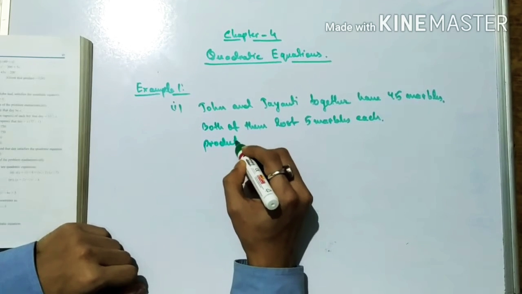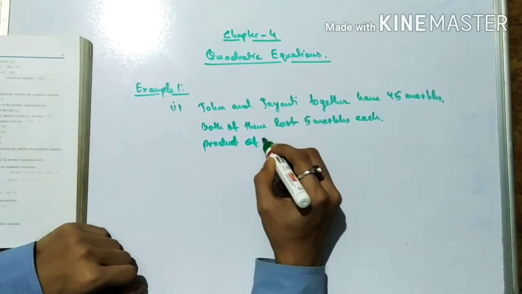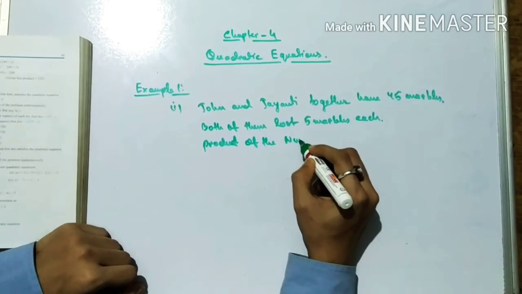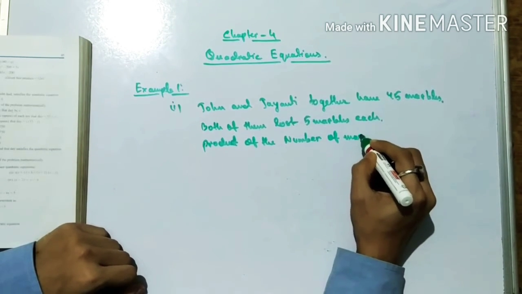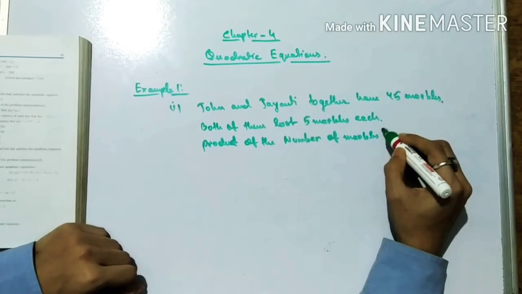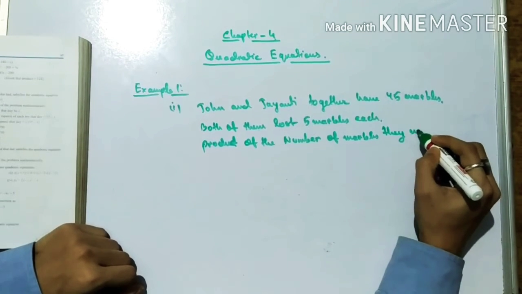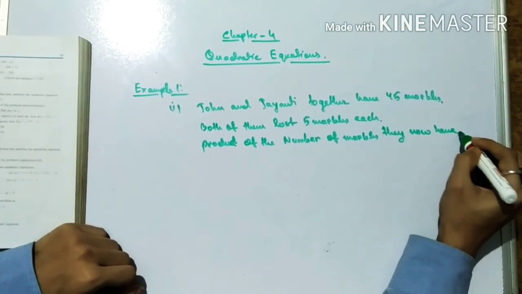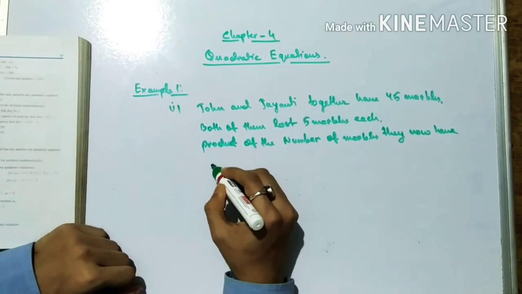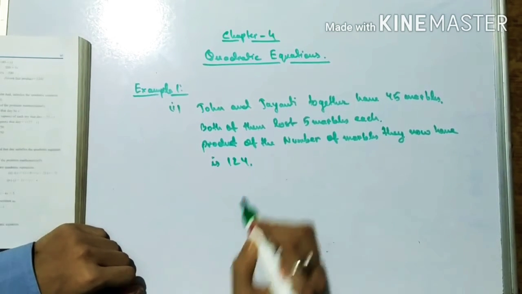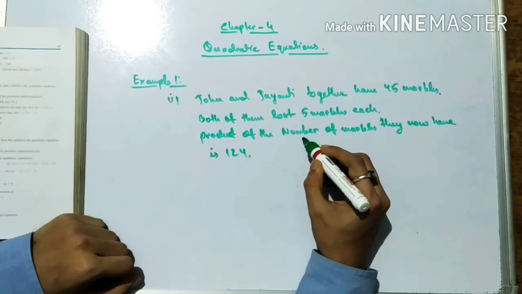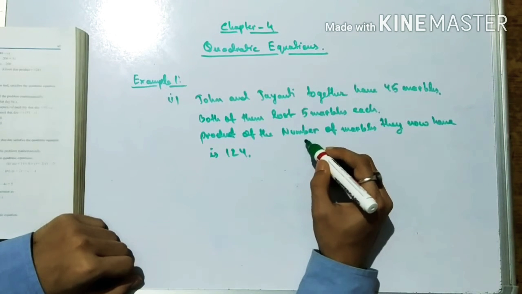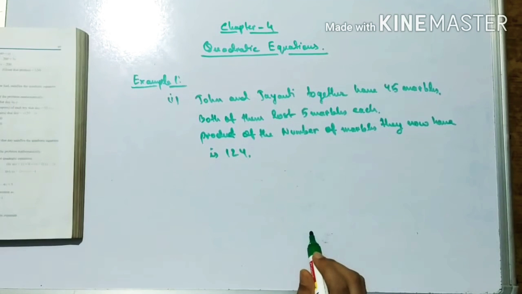Product of the number of marbles they now have is 124. What we would like to find out is how many marbles they had in the start.